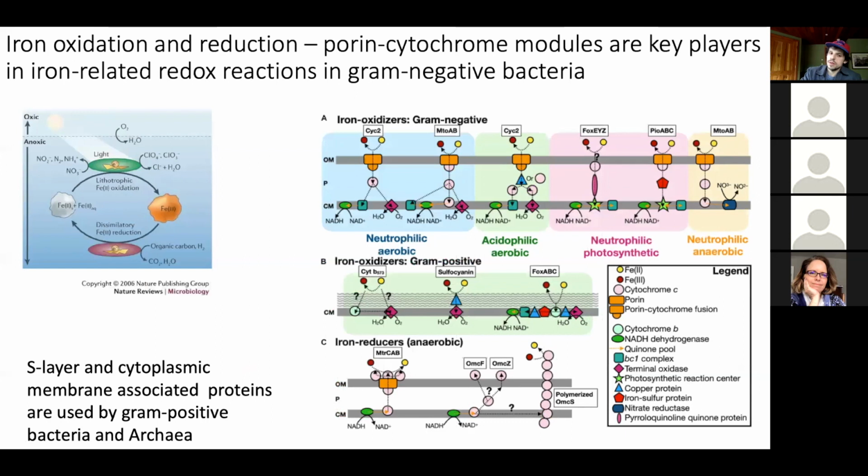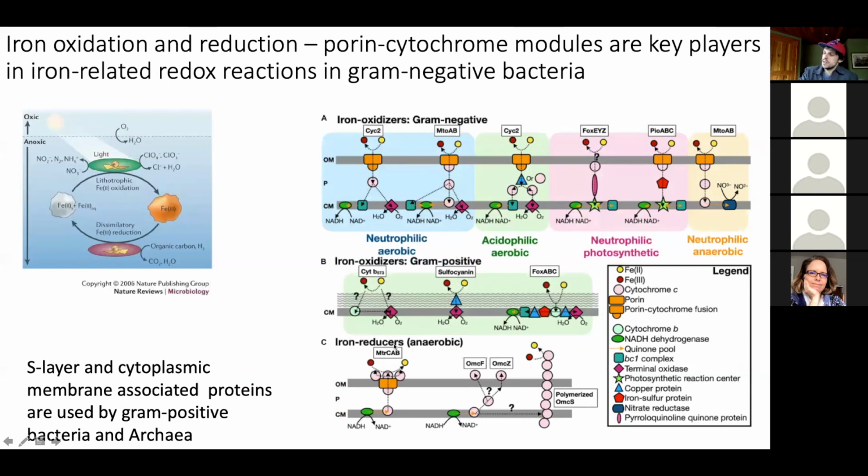As soon as iron 3 is produced, for example in iron oxidizing bacteria, when iron 2 becomes iron 3, it's immediately precipitated as iron oxides. You don't want that reaction occurring inside the periplasm of the cell. If you have stuff precipitating in your periplasm, you're not in good shape as a cell. So you want to keep that reaction as far away from the cell as possible.